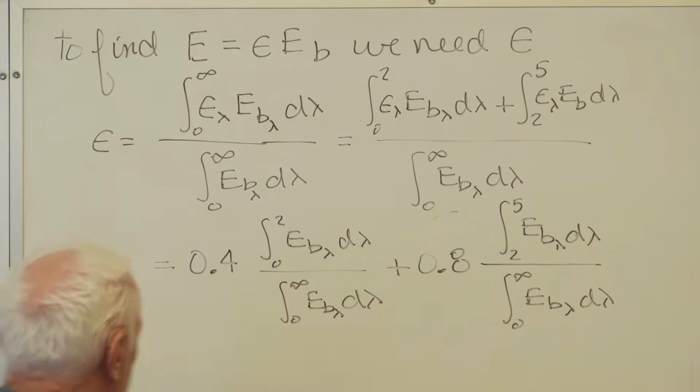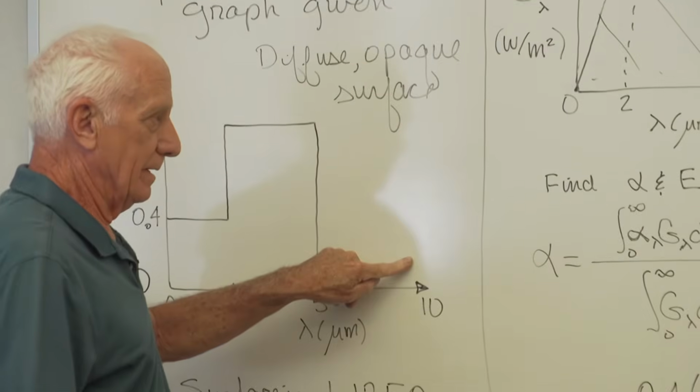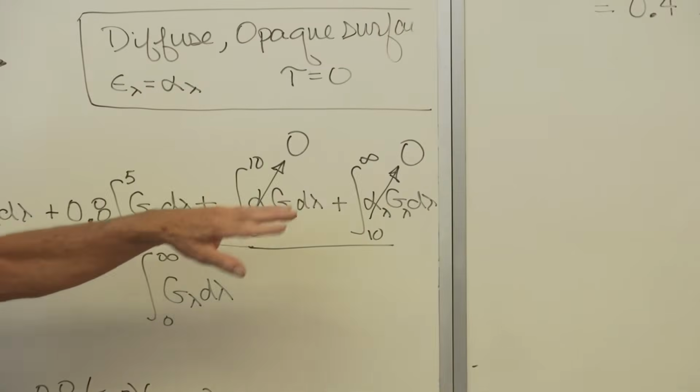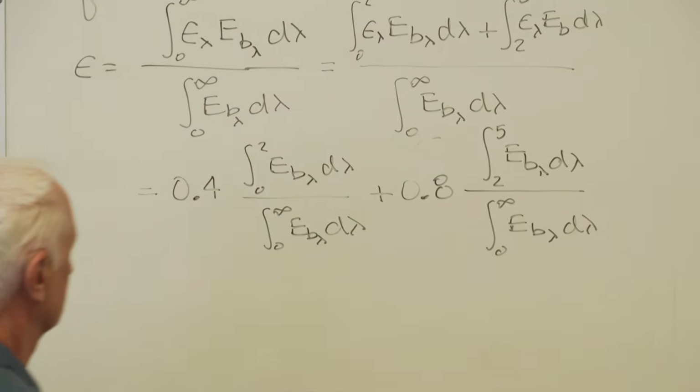Plus 2 zero terms, because epsilon lambda is 0 from 5 to 10. Epsilon lambda is 0 from 10 to infinity. This would be, oops, here. 2 more zero terms. I won't put them in there, though.